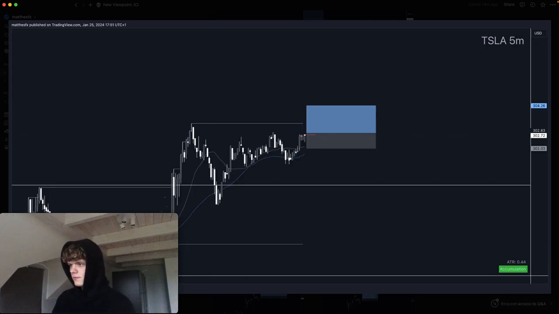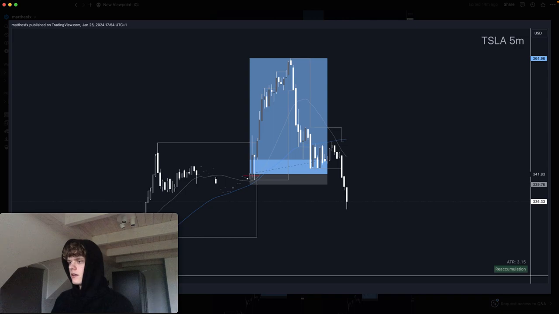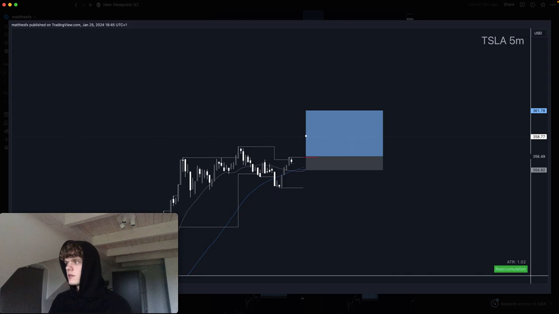And that's basically it. This was stock, so you see Tesla. I think these were the closing hours and the opening hours, where price just wicks around, and at the open candle you would have been tapped. So that's about the stocks.